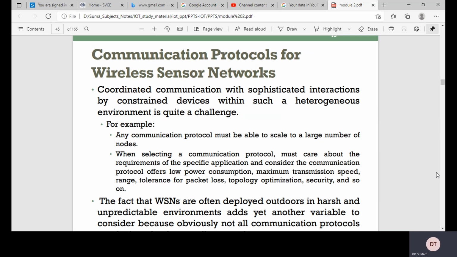Likewise, when selecting a communication protocol, you must carefully take into account the requirements of the specific application and consider any trade-offs the communication protocol offers between power consumption, maximum transmission speed, range, tolerance for packet loss, topology optimization, security, and so on. Also, wireless sensor networks are often deployed outdoors in harsh and unpredictable environments.